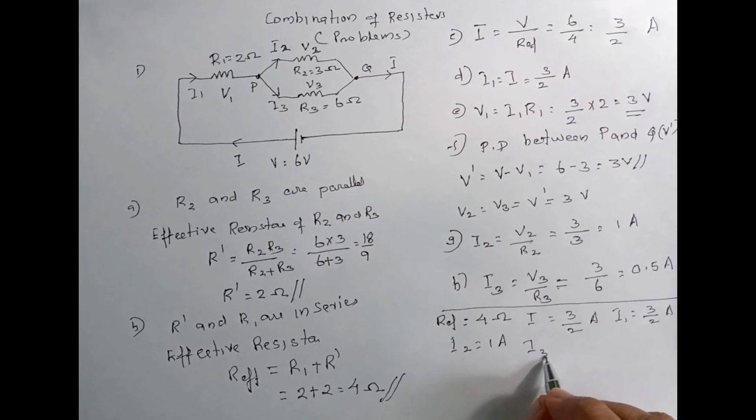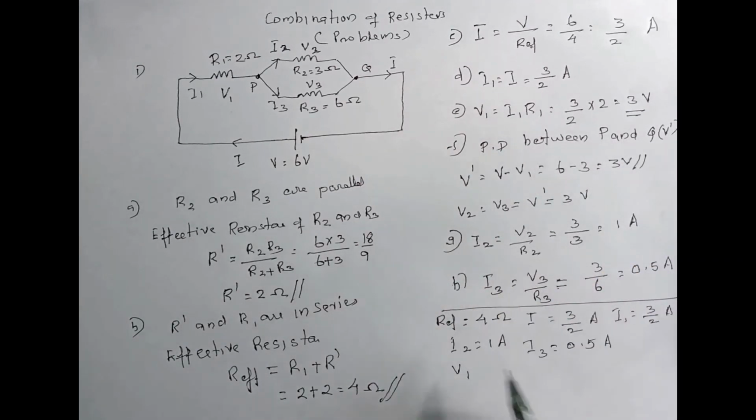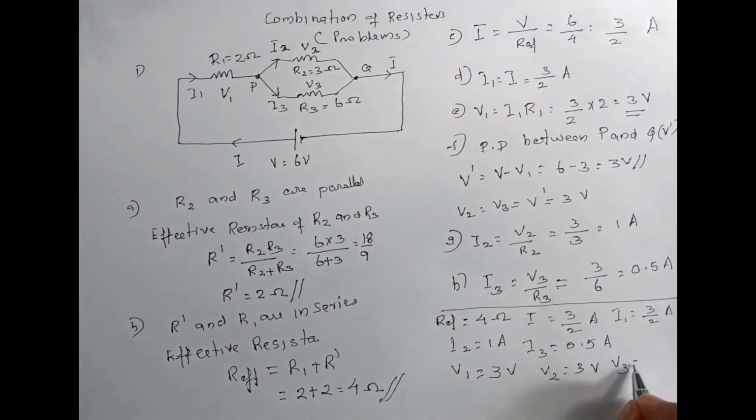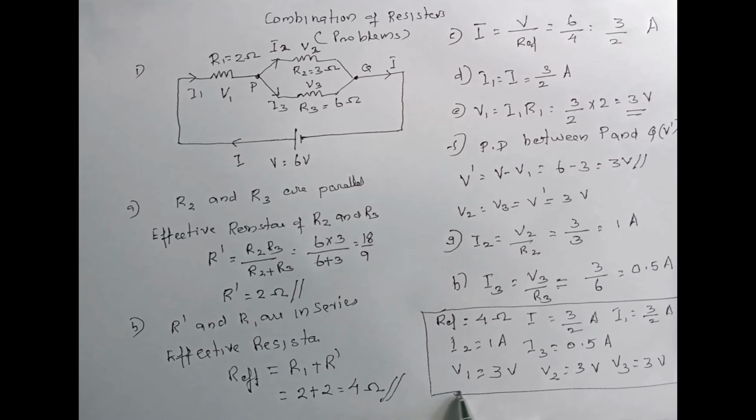I3 is equal to 0.5 amp. V1 is equal to, what is the V1 value? We have calculated 3 volt. V2 is equal to 3 volt. V3 is equal to 3 volt. So you have got every single thing related to this circuit.